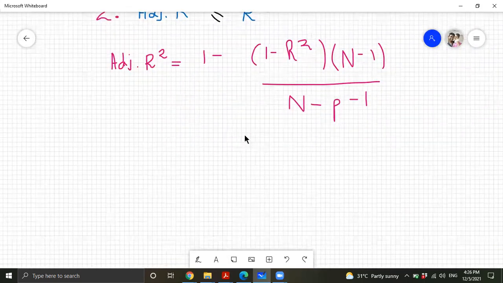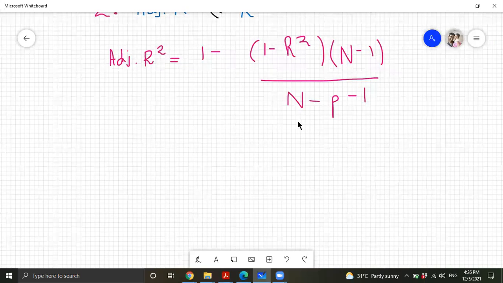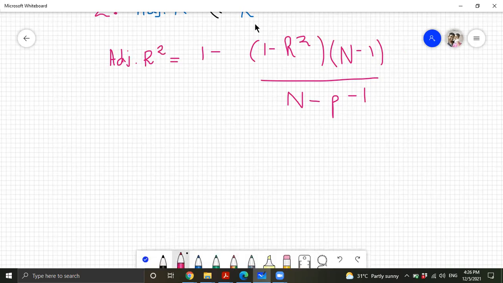What I'm going to do is take this n minus p minus 1 to both sides, so it will make this 1 also n minus p minus 1. And at the same time, with this minus, I'm going to multiply out these terms.